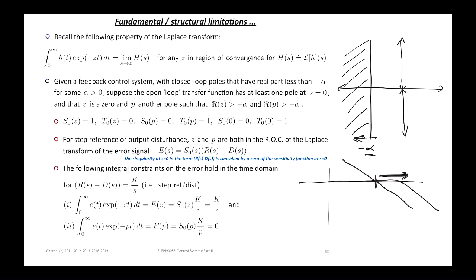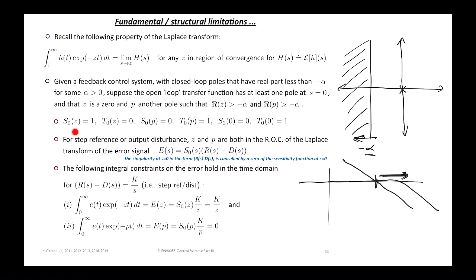But in addition to that, we've got another pole that sits somewhere to the right of this line minus alpha, and we have a 0 that sits somewhere to the right of this line minus alpha.